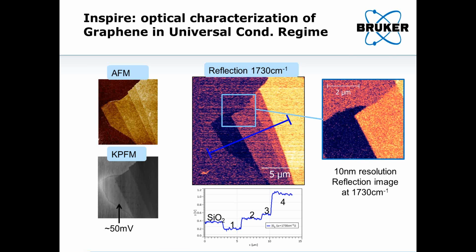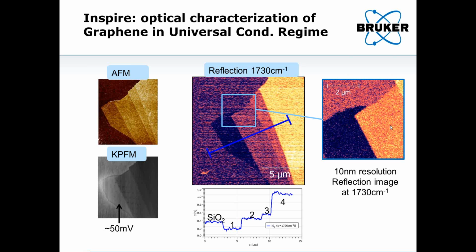And if we zoom in on this boxed region, we can also obtain a higher resolution image, which shows just how clear the contrast is between just a single layer of carbon and a second layer of carbon added. So this demonstrates that the thickness sensitivity of this technique is sub-nanometer for this particular sample, for graphene.